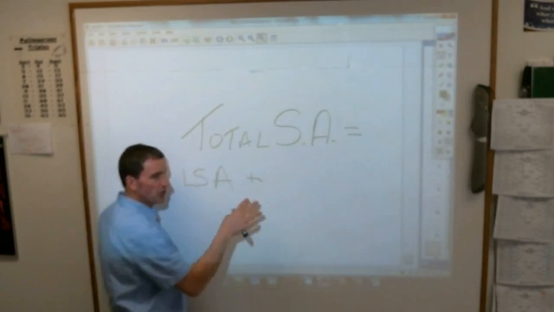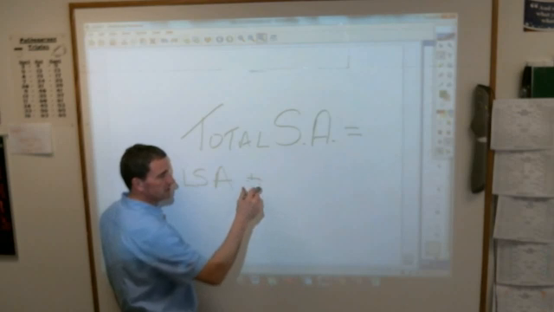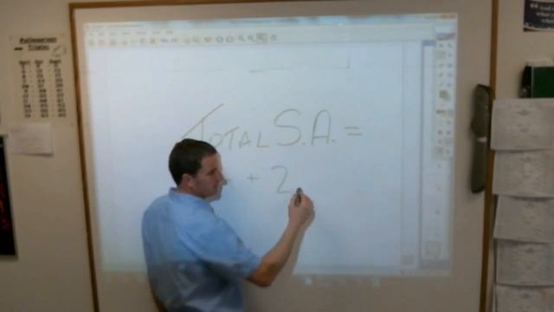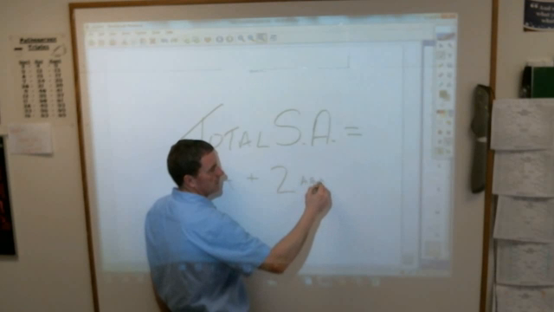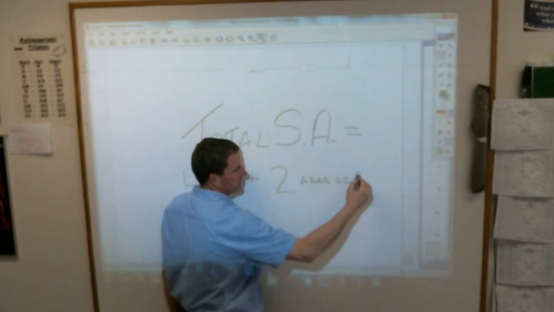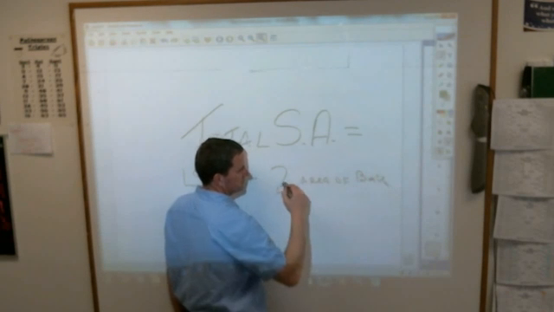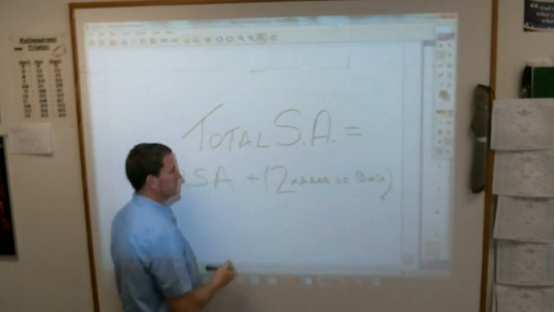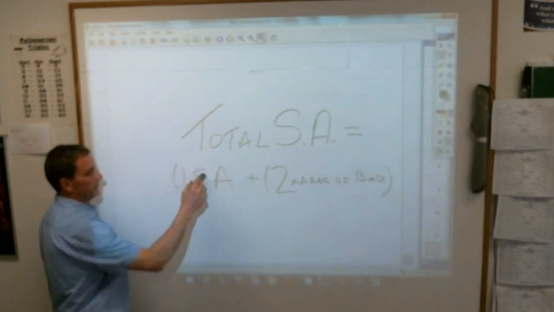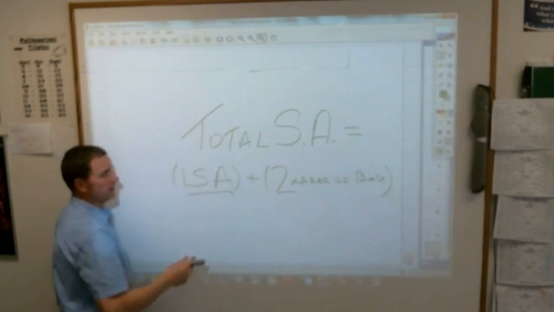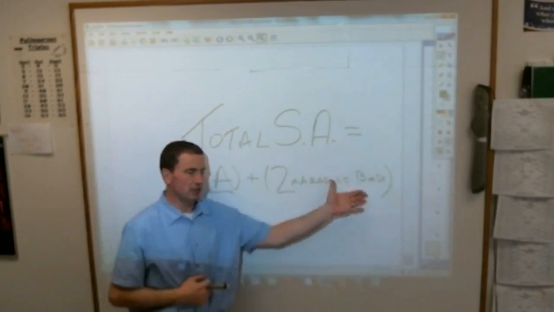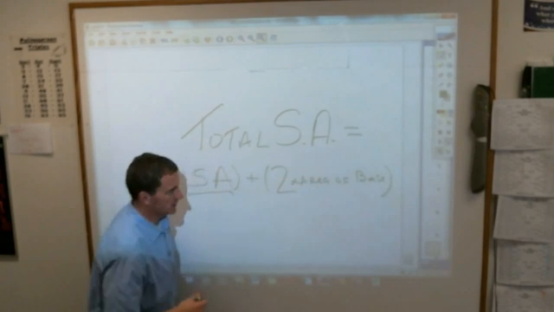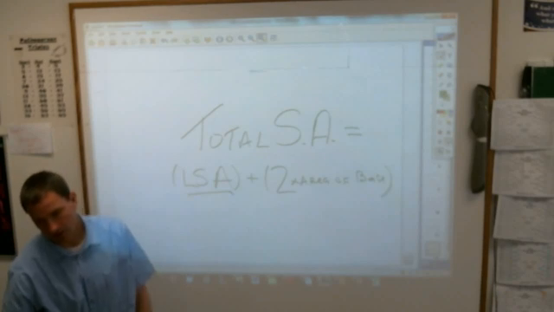Since there are always two bases in a prism, it's 2 times the area of the base. And there is the really confusing thing: 2 times the area of the base. Total surface area is the lateral surface area plus the area of the base times 2, because there are 2 bases. I don't know if that makes any sense or how unconfusing and confusing that is.